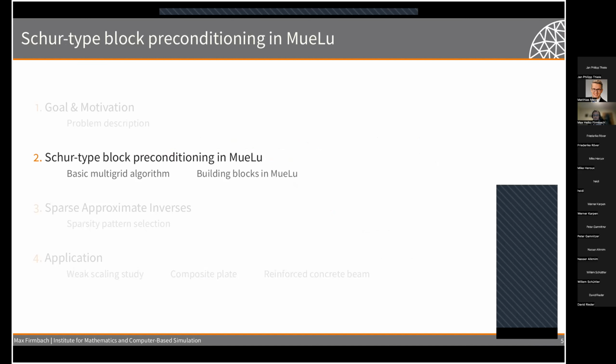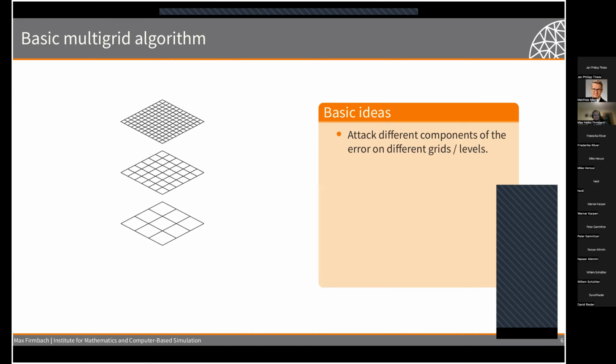Proceeding to the second block, the Schur-type preconditioning in MueLu itself. I want to start with some basic ideas on multigrid. I'm not sure how many people here are experts in multigrid, so I will repeat some basic ideas. The first idea is that when we precondition our linear system, we want to decrease the iteration count of our iterative solver, or at least make it converge to some extent.